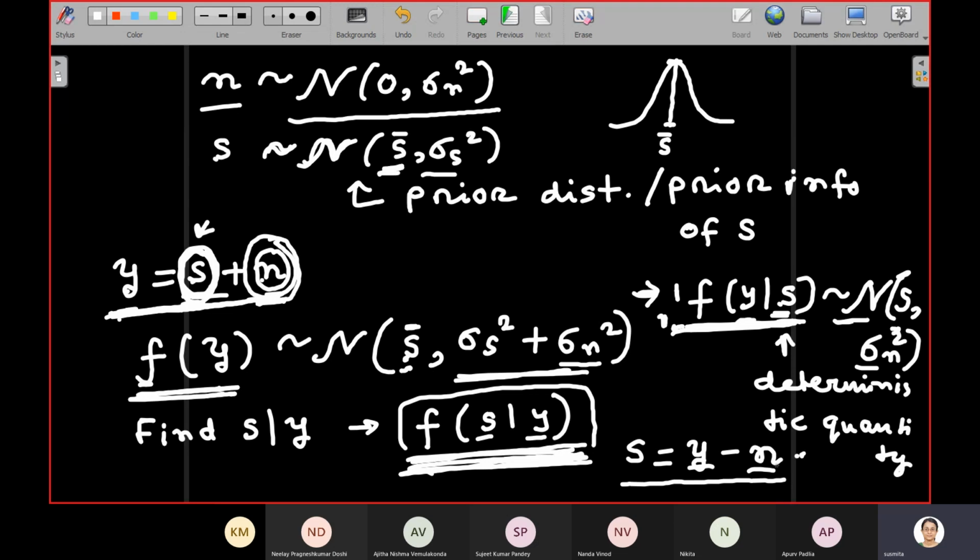Just think of the relation that we talked about for conditional densities. So we know this one. We know this one also. We know this. How can we find this one?